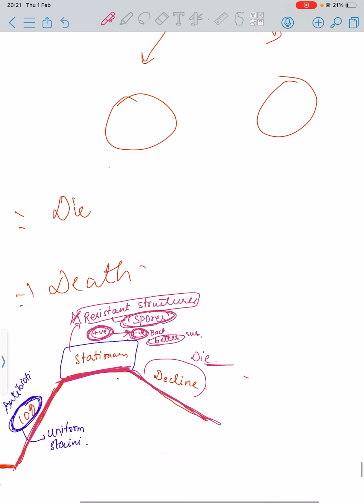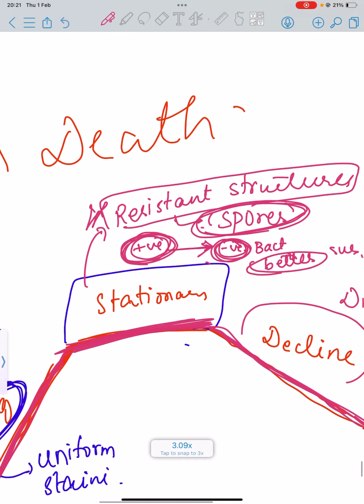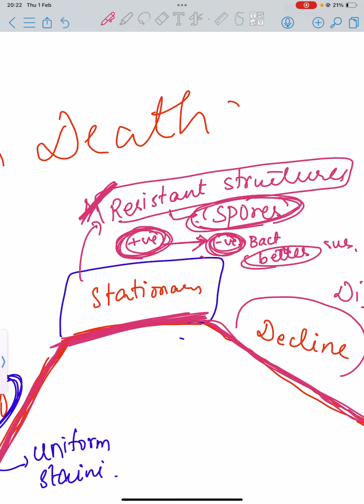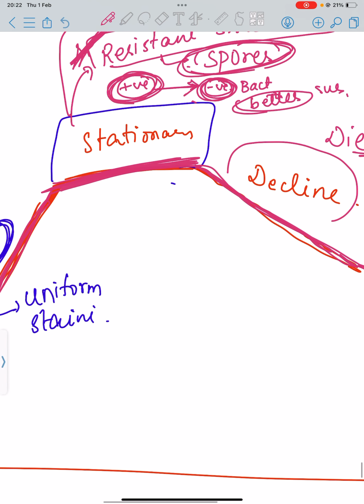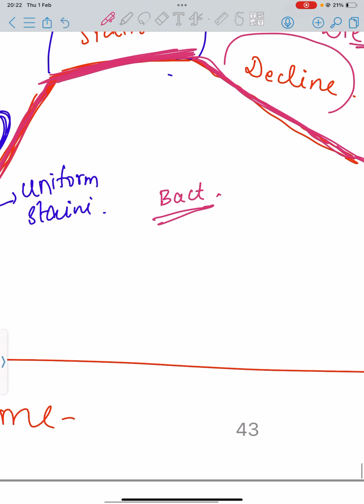So in this stationary phase, one is that they form resistant structures so as to prevent death. Then they can also get converted to gram negative bacteria. Then third and important point, they form toxins, basically exotoxins, which can harm other bacteria. And antibiotics can also be obtained from bacteria, right?